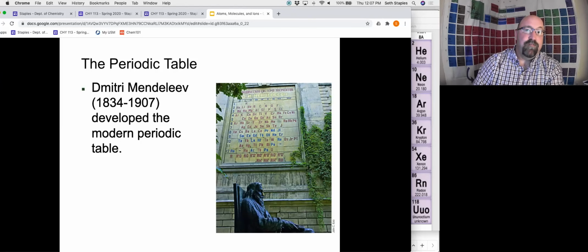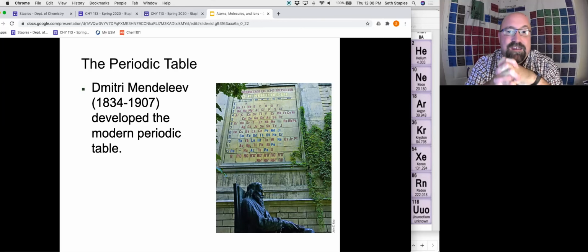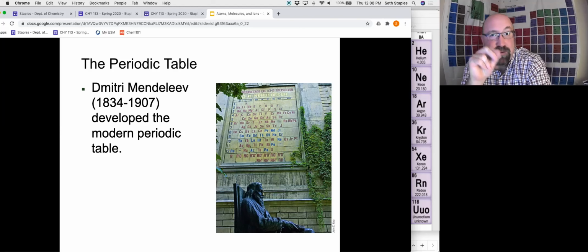Dmitri Mendeleev is really the first person who developed what we call the modern periodic table. What he did is really fascinating: he started to lay out elements according to their size. And what he found was this periodic, repeating pattern of behavior.